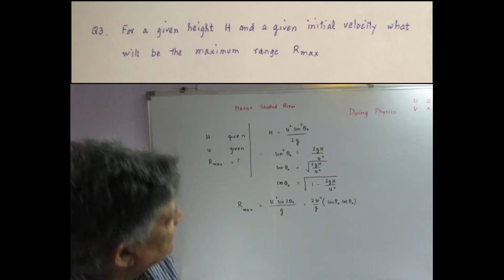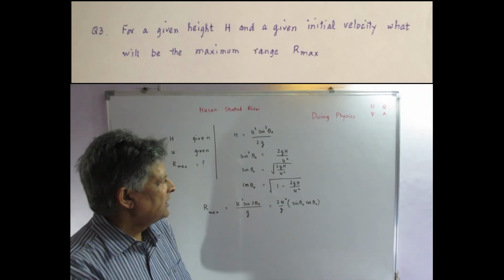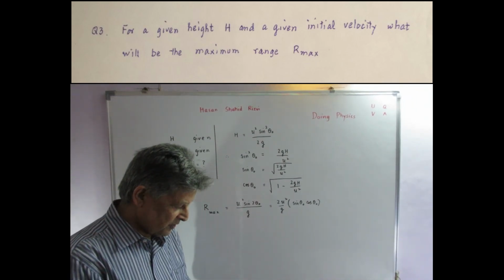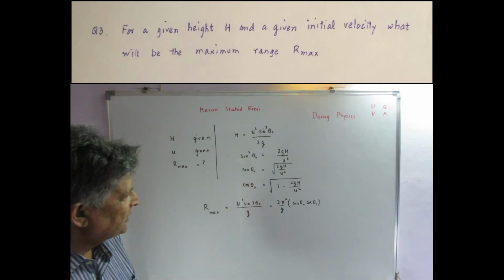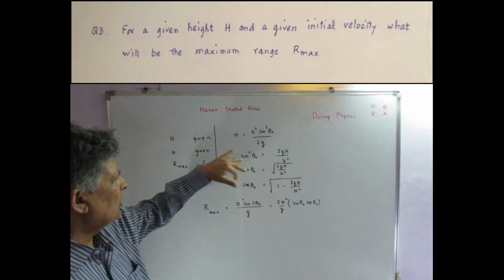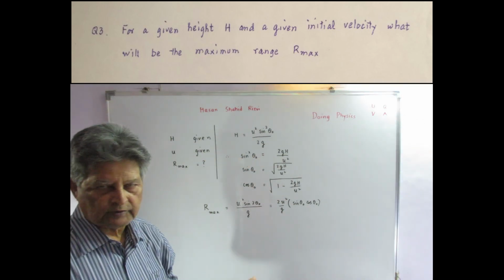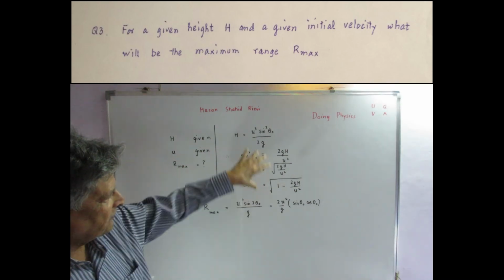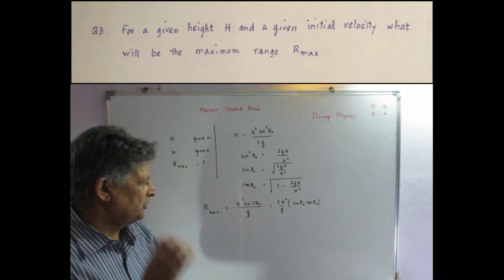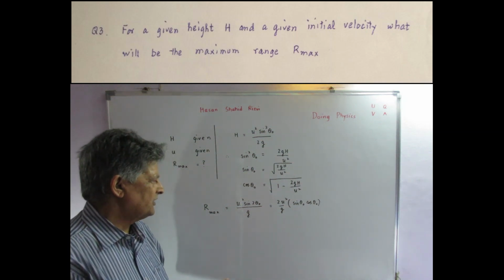So here I stop. You have many other questions which relate these quantities, how the maximum range is associated with the maximum height, and how the deviations take place, which I have done today, what is the time of flight, etc.